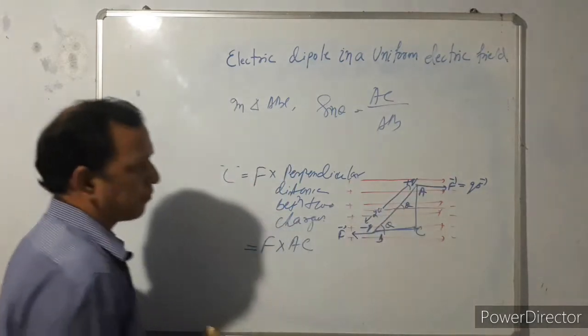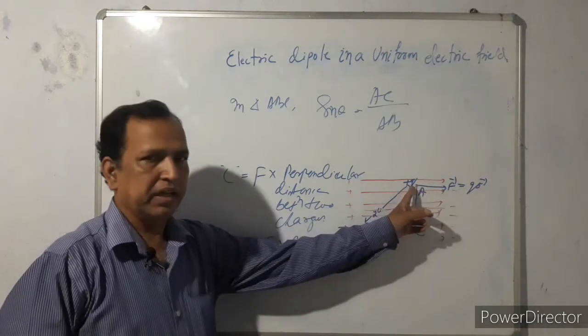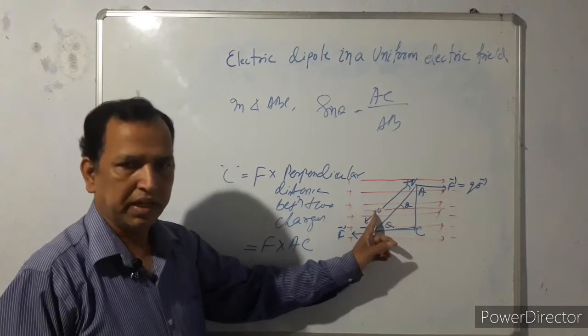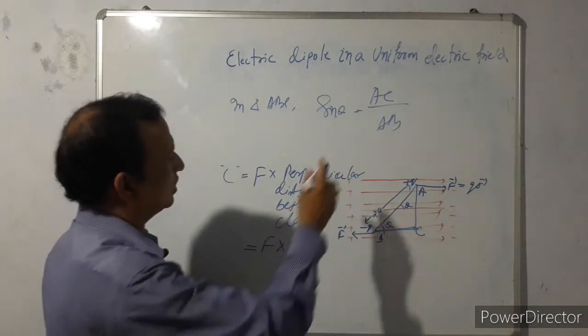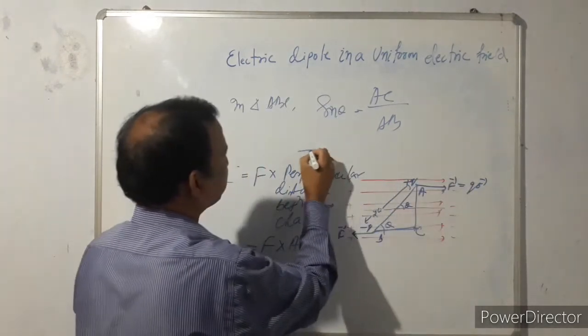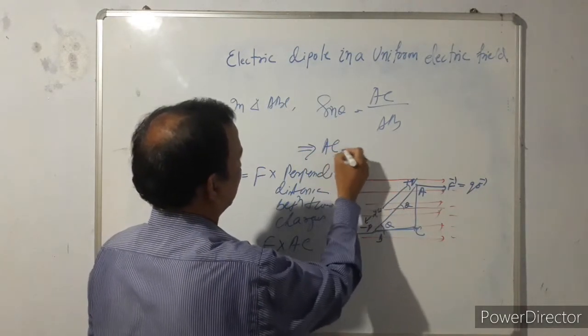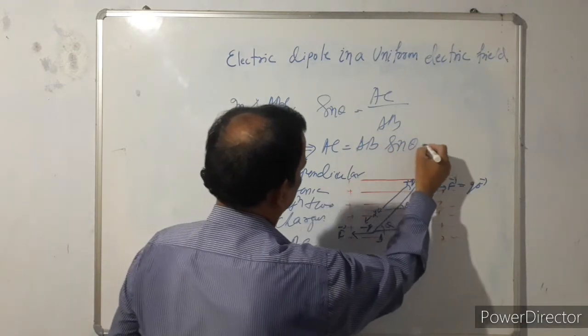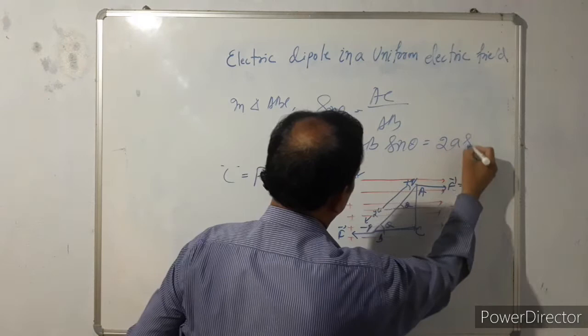What is AB? AB is the length of the dipole, that is equal to 2A. This implies AC is equal to AB sin theta, that is 2A sin theta.